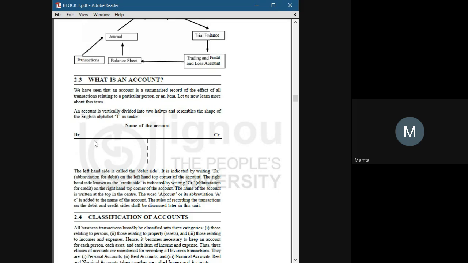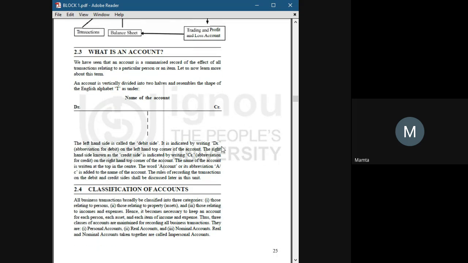You are seeing an account here. That's a diagram of an account. This is the head of this account. The left side is considered the debit side of any account, and the right side is considered the credit side. DR is the abbreviation of debit, and CR is the abbreviation for credit.